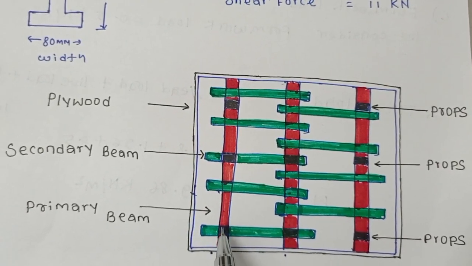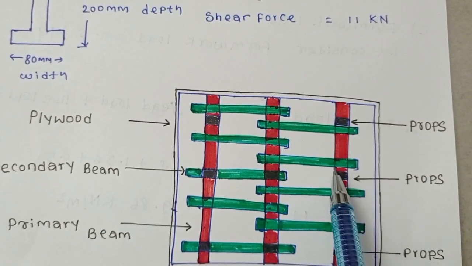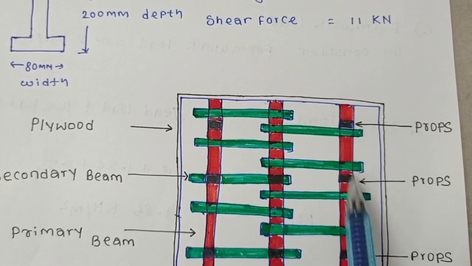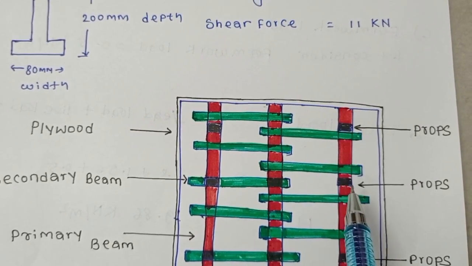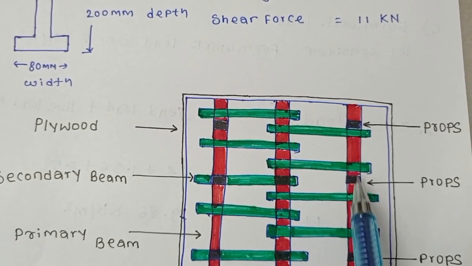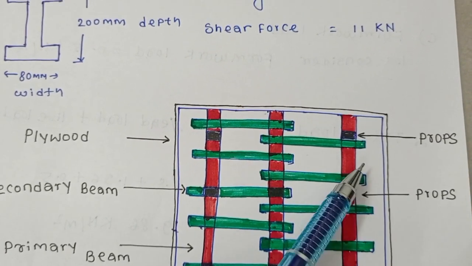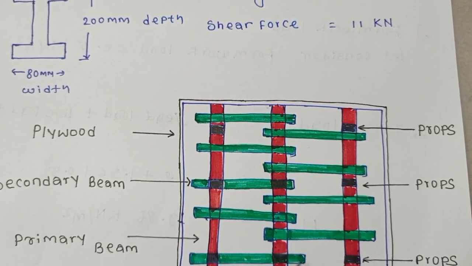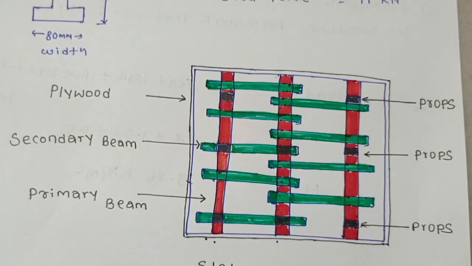And the props, these black spots, are the vertical props. The maximum spacing would be 1.3 meter, though mostly at construction sites people use 1.2 meter maximum spacing for the slab. Okay, thank you.